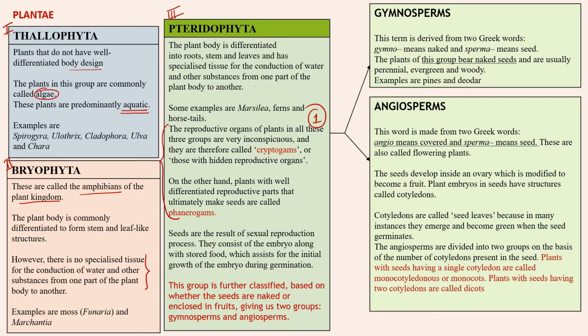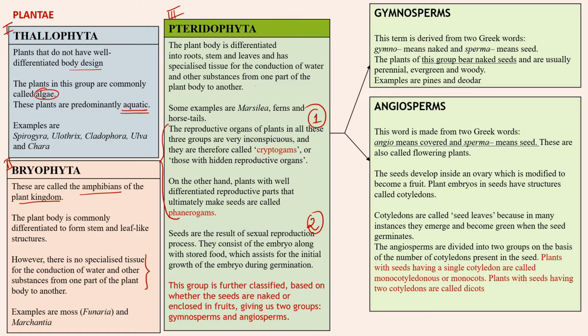Now the other criteria is based on seed germination. The seeds are a result of sexual reproduction. They consist of an embryo along with stored food which assists the initial growth of the embryo during germination.